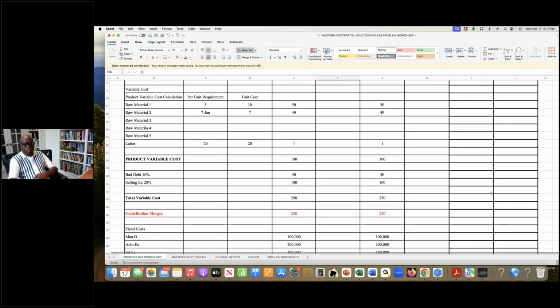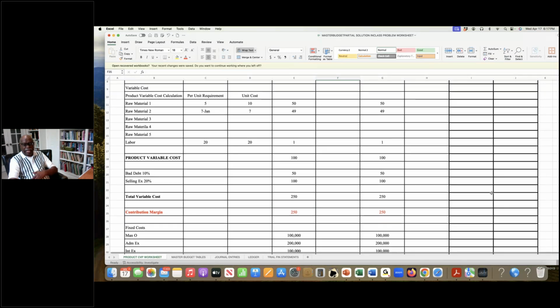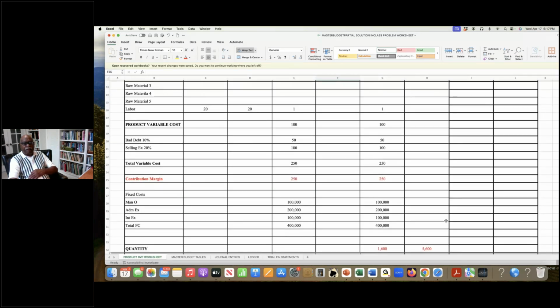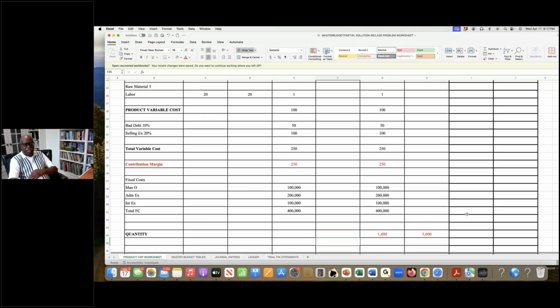The fixed expenses are the same, but given that's the case, we apply our formulas to come up with the quantities. The quantity to break even was 1,600, and the quantity to make $1,000,000 was 5,600.